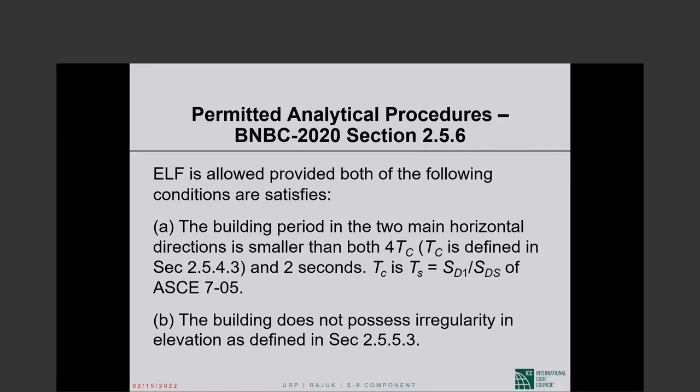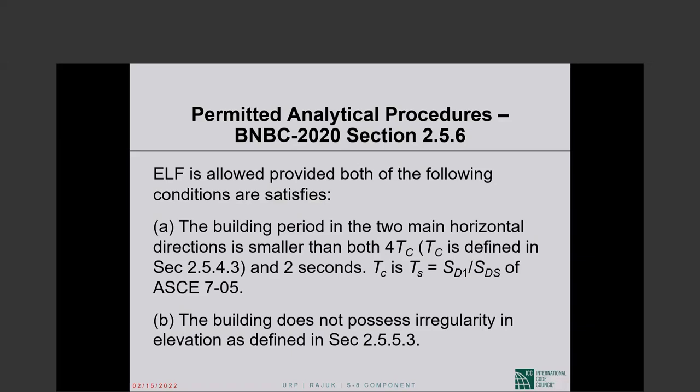Also, second condition, the building does not possess irregularity in elevation as defined in section such and such. So there are plan irregularities, there are vertical irregularities that we discussed in detail. Vertical irregularities must be absent for you to be able to use equivalent lateral force procedure as the basis of design.